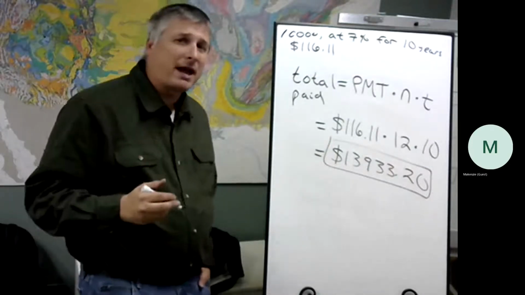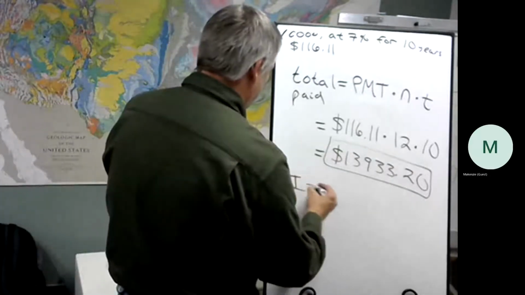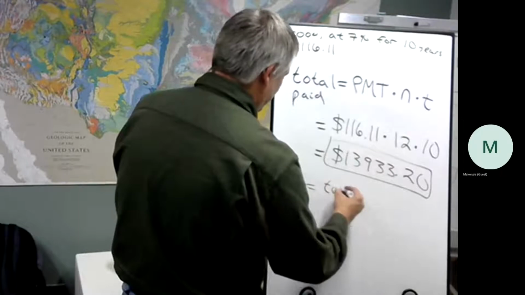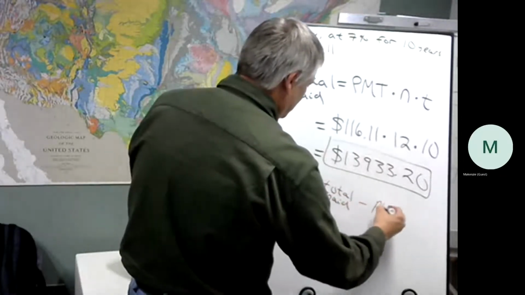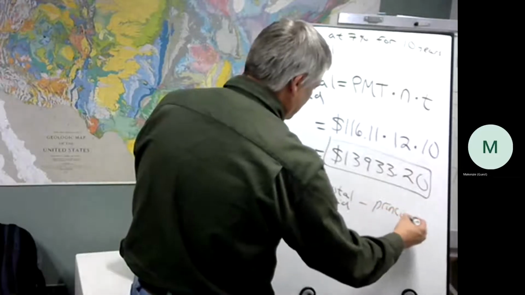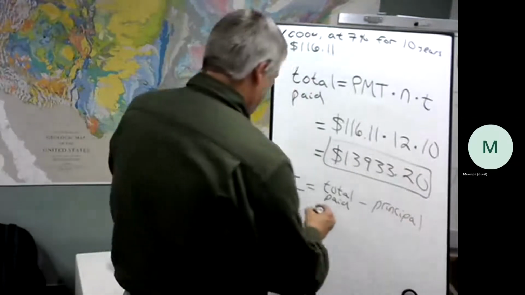Now the interest, they might ask you how much of that is interest. Well, the interest I is going to be the total paid minus the principal. And that's going to give you the interest.